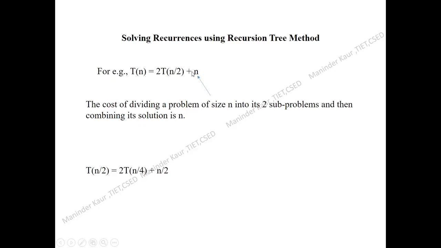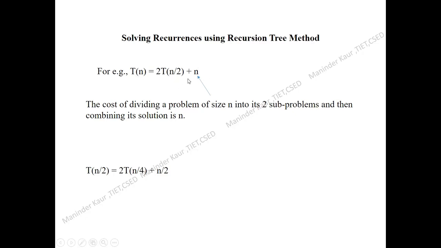The task of splitting the problem into two halves, as well as combining the results, takes n units of time. This is the cost. N units means the cost of dividing the problem into two halves and further combining those results.